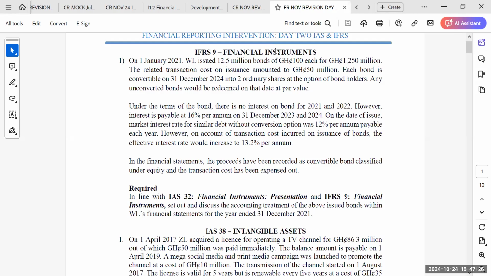Okay. How do we do this? The debt will always be the present value of the cash flows discounted at the rate of a similar instrument without what? Without conversion. So this is how we are going to be doing.